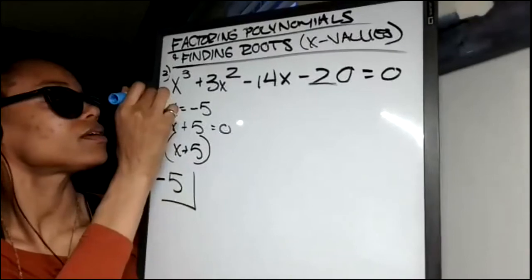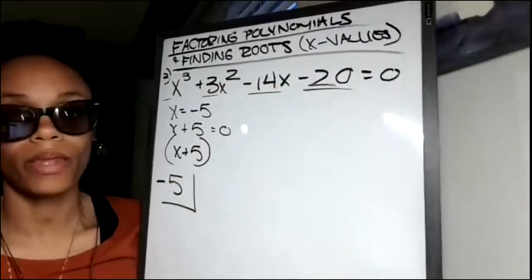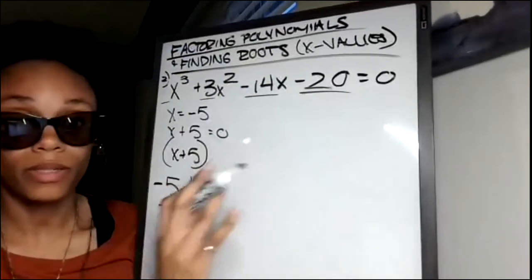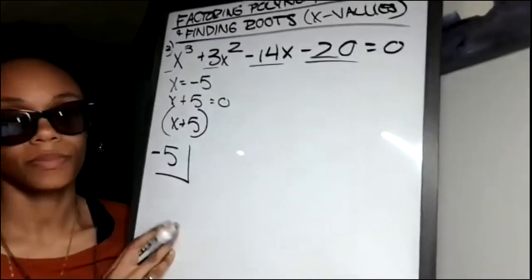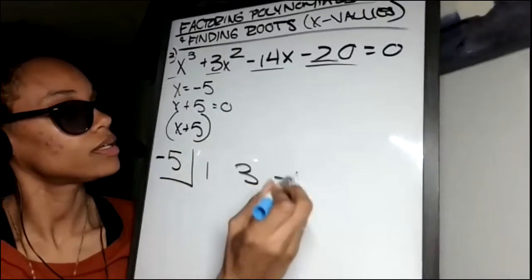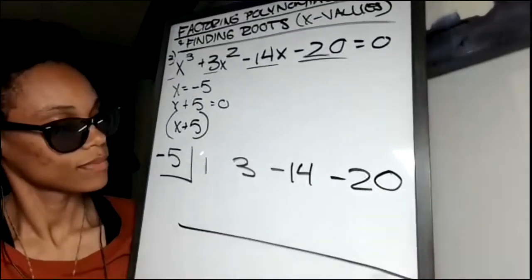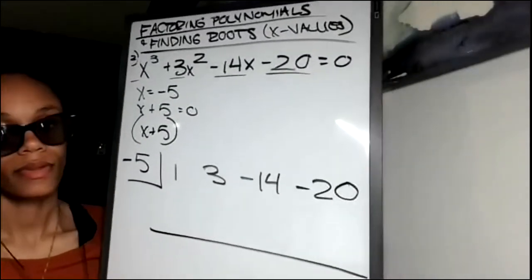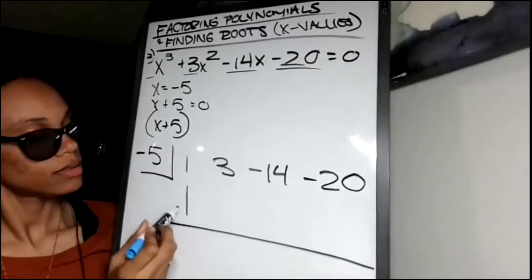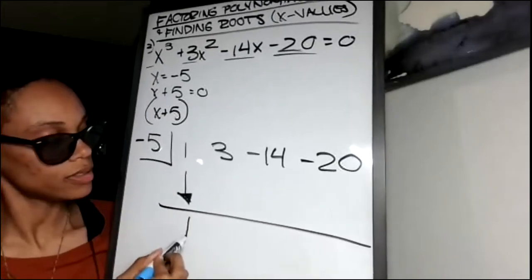And I'll take the coefficients of my polynomial. They are in descending order, and no exponents are missing, so I don't have to worry about any place values. They are 1, 3, -14, and -20. We recall how to do our synthetic division: drop that first digit.